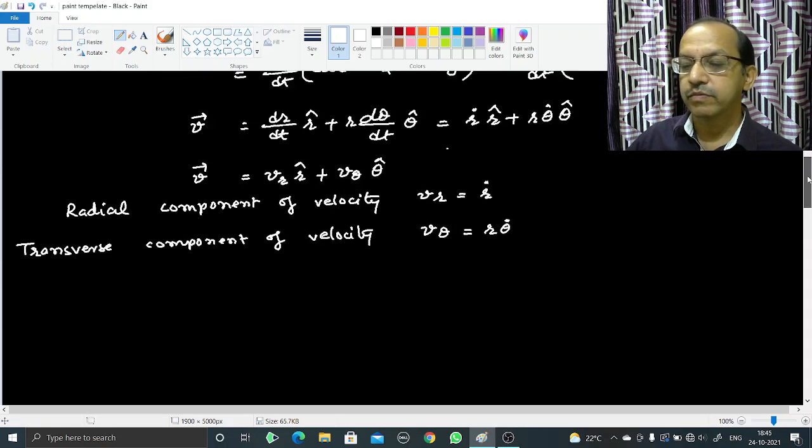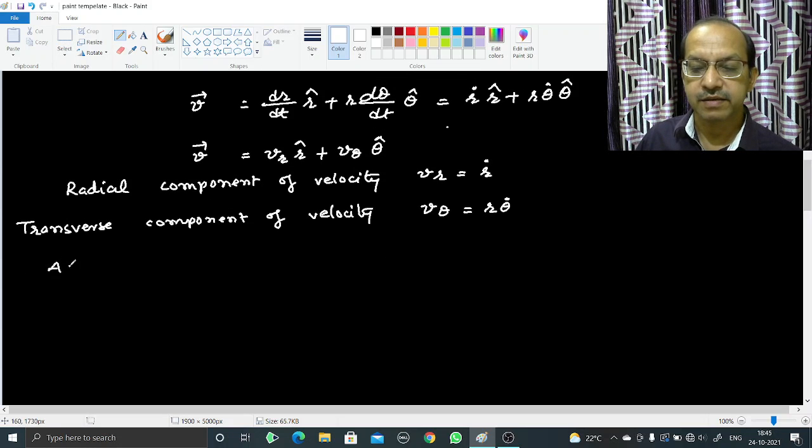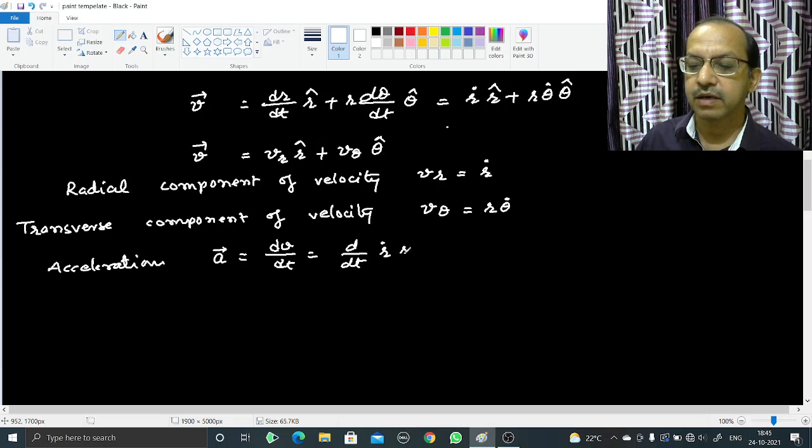Now we will move towards calculating the acceleration. Acceleration is A, that is dv over dt. It means d over dt of r dot r cap plus r theta dot theta cap. We will differentiate it by parts.